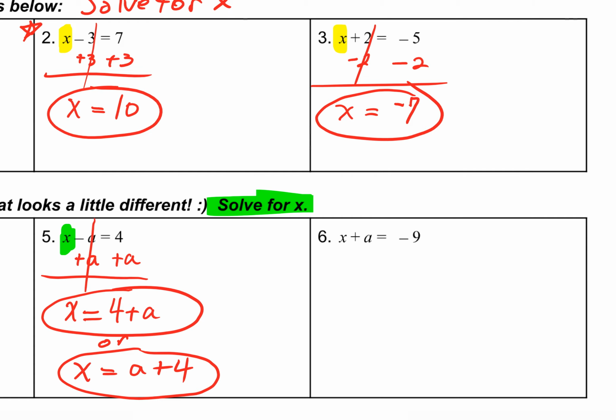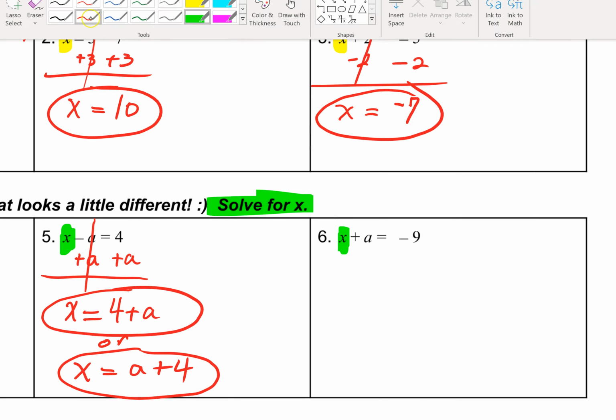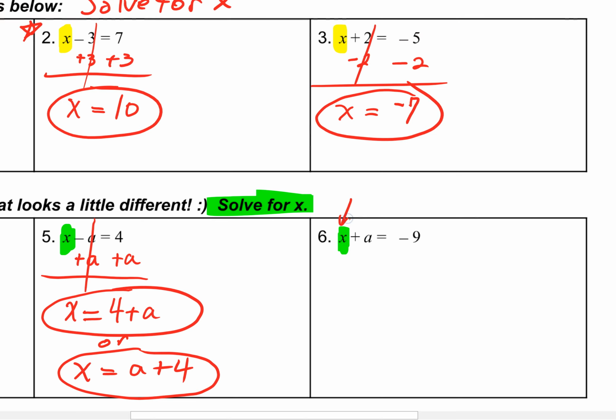When we come down to number 6, pretty much the same problem, right? You need to get x all by itself. You don't want to see a plus a. The opposite operation of adding an a is subtracting an a. Our final answer could be written as negative 9 minus a.